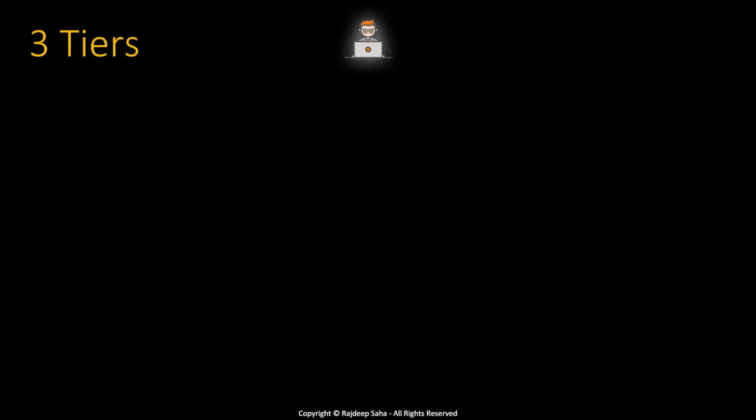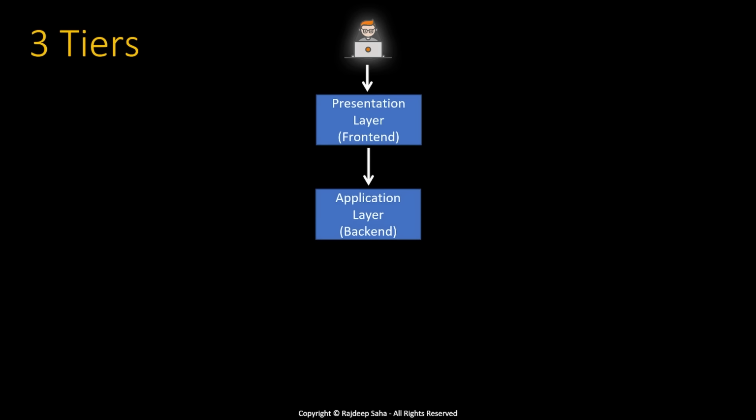So first things first, why is this called three tiers? Because this architecture has three distinct layers or tiers. The user accesses your application using a front end or presentation layer, and this presentation layer interacts with the application layer or backend using APIs, and this application layer or backend saves and retrieves information from the database as needed.